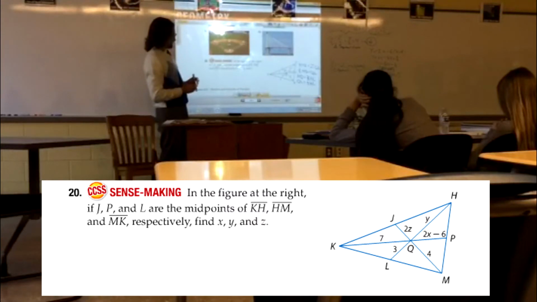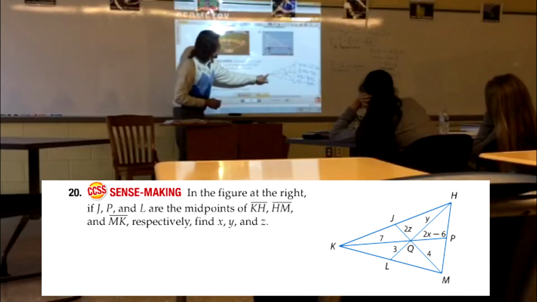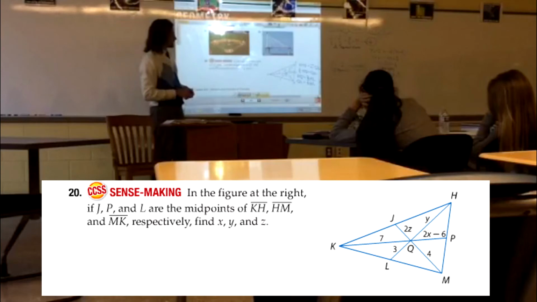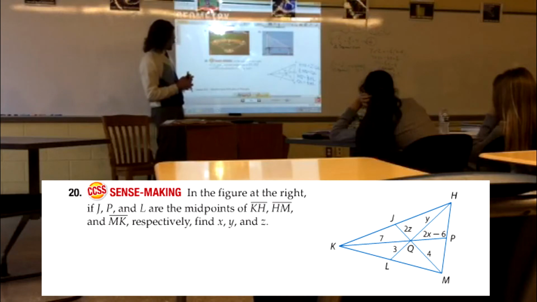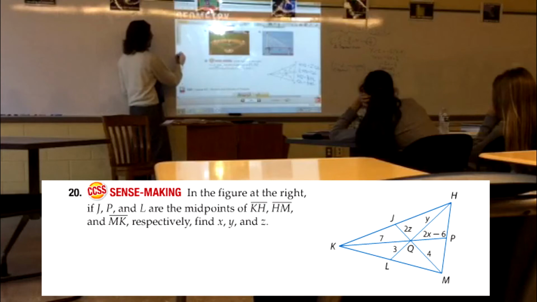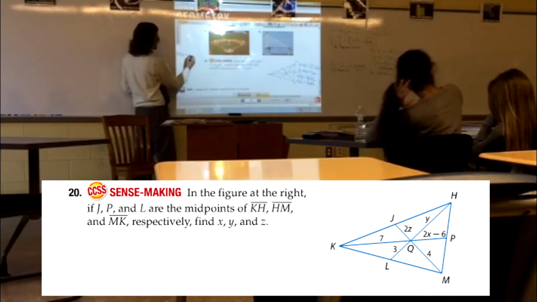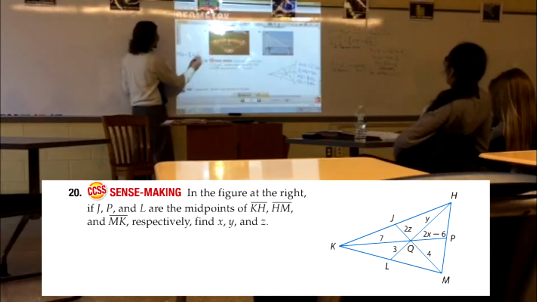So let's look at the K's first. KP, you have KQ, and you know QP. Jordan, which one of those do you want to use there? Do you want to use the half relationship? Do you want to use the thirds? Thirds. So let's go with KQ. KQ is 2/3 KP.